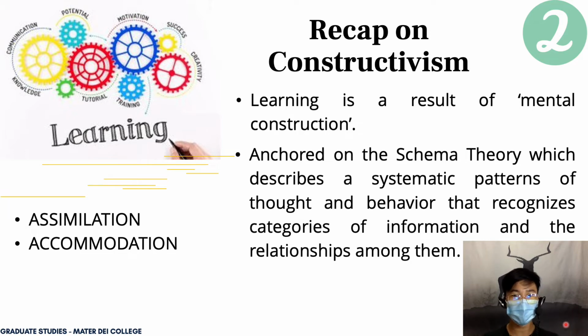For example, how children learn about different types of animals. A child might begin with a schema for a dog, which in the child's mind is a small, four-legged animal. As the child encounters new information in the world, the information can be assimilated or accommodated into this existing schema.